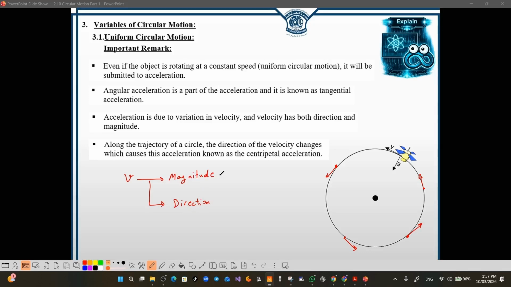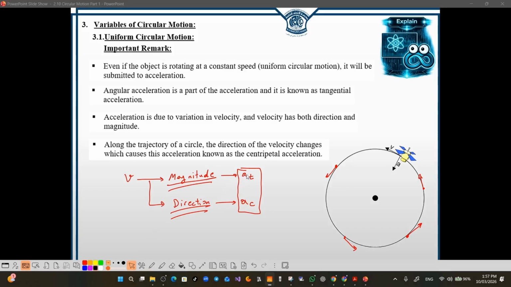If I want to change the magnitude, I need acceleration. If I want to change the direction, I need acceleration. In circular motion, the acceleration that makes the magnitude change is the tangential acceleration. And the type of acceleration that makes the direction change is the centripetal acceleration. These two types of acceleration are crucial in circular motion. One of them changes the magnitude and the other changes the direction. We will cover these two types of acceleration in the next topic.